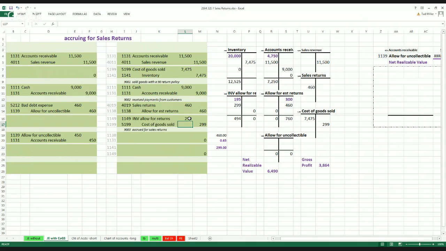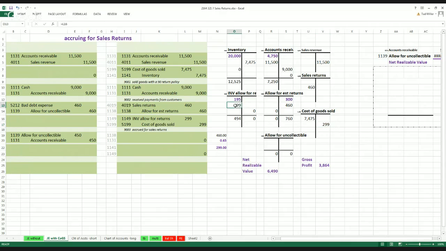So this entry reduces cost of goods sold. If I'm going to reduce the benefit of this transaction up here when they return goods, if they return goods, I lose the benefit of this transaction. Then when I reduce the benefit, I should also reduce the expense. Okay, that makes sense to me.